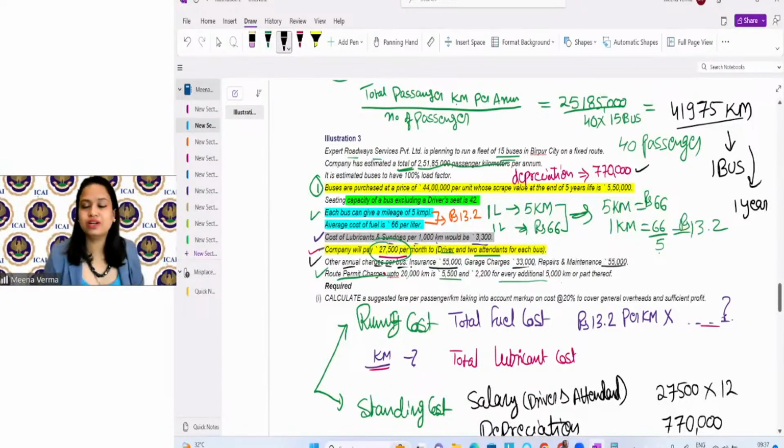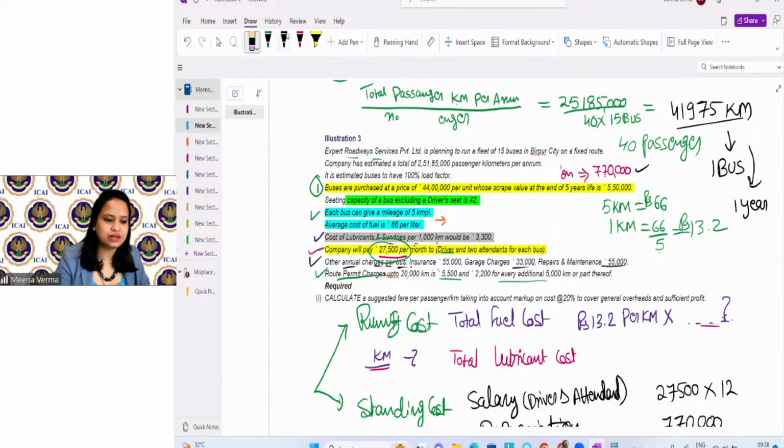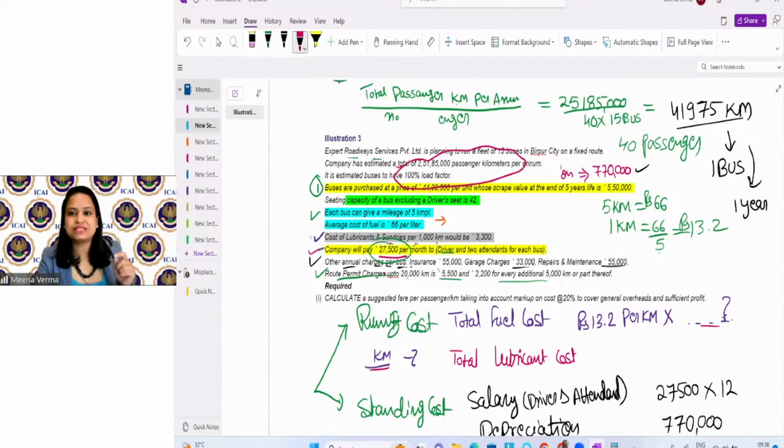This is the distance traveled by one bus in 1 year. What was the information that was given here? If you will see here, what they have provided you was the total passenger kilometer per annum. Total means all 15 buses. This is the passenger kilometer for all 15 buses, and where you have considered the number of passengers also.